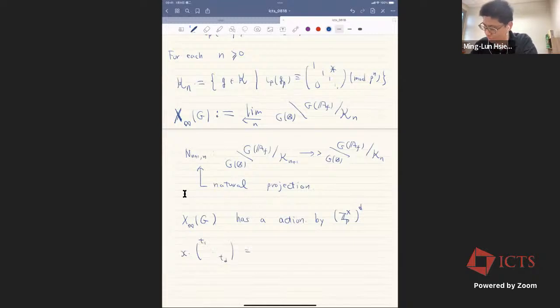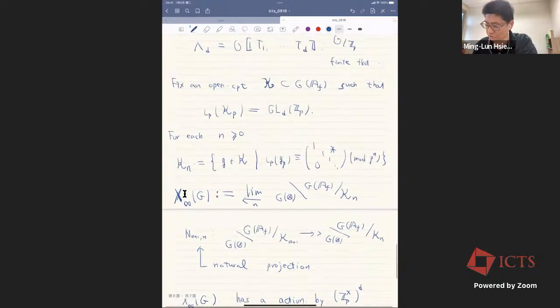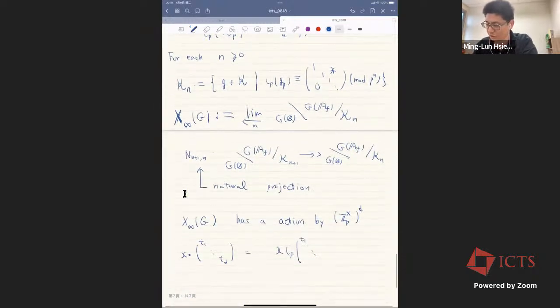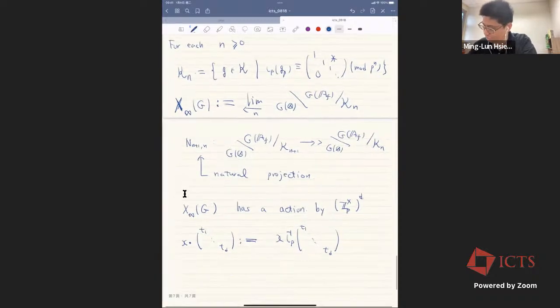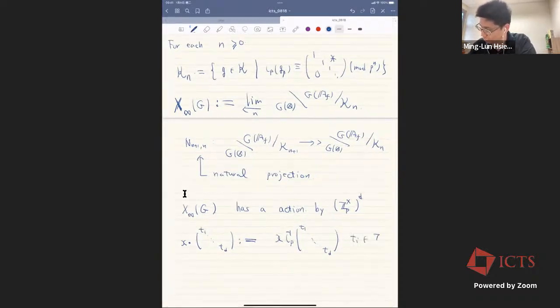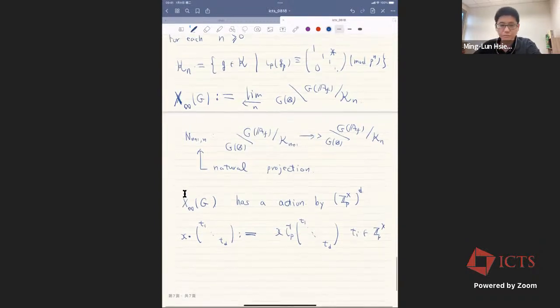So it's just multiplication by this ι, this identification between K_p and GL_D(Z_p). So it has an action of this torus, D copies of the p-adic torus.